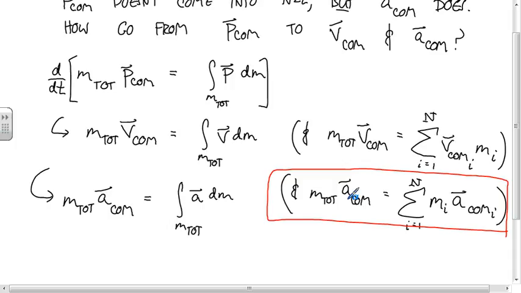It comes up on the right side of Newton's second law as the total mass times the acceleration of the center of mass. And so you don't even have to do this calculation. When you have a collection of bodies where you know the individual centers of mass and you know the individual masses, you can just put this sum right into the right side of Newton's second law without the middle step of calculating the centroid. Okay, because this is how it appears in Newton's second law. I'll do some examples like that.